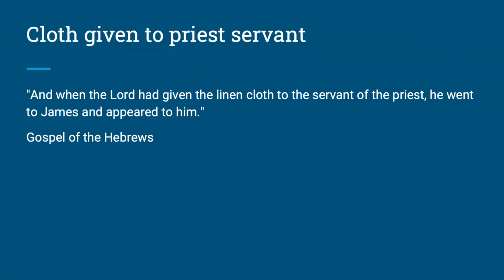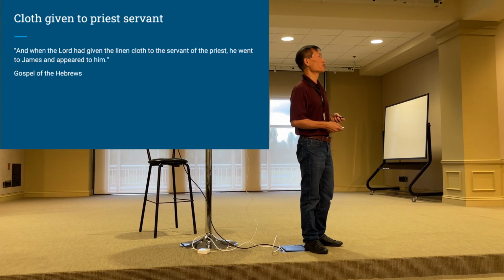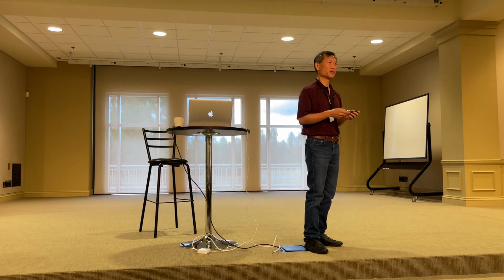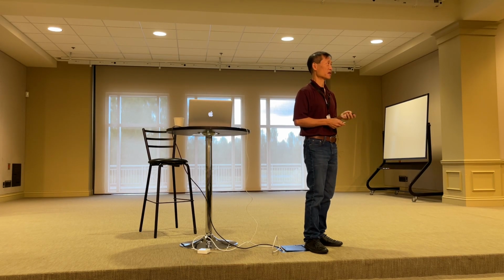In the Gospel of the Hebrews, it says, "And when the Lord had given the linen cloth to the servant of the priest, he went to James and appeared to him." So this is one of the earliest textual evidences of this shroud in existence.